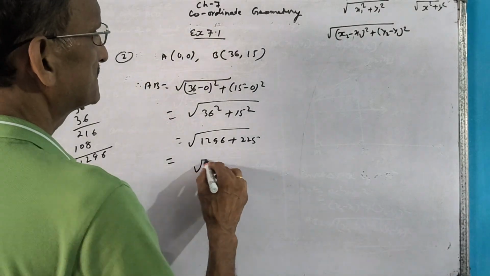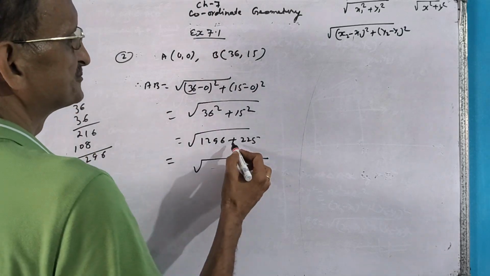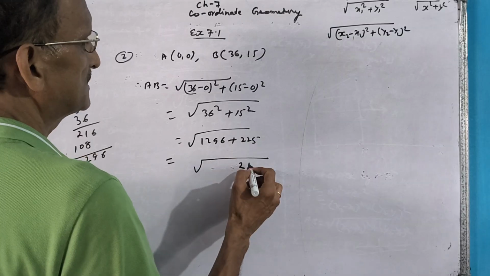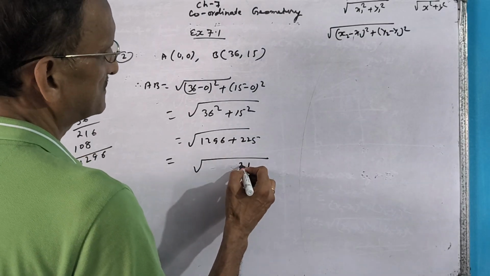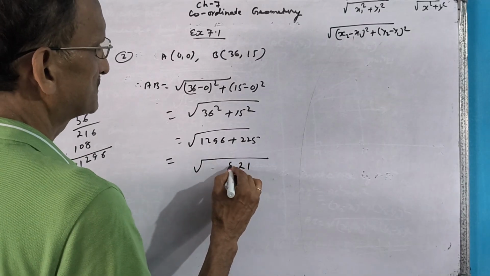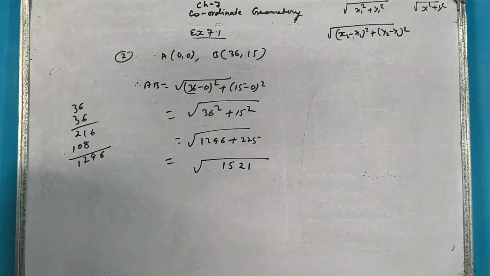How much will you get? 6 plus 5, 11, carry 1; 9 plus 2, 11 plus 1, 12, carry 1; 2 plus 2, 4, plus 1, 5. This much you will get. Then find the square root.